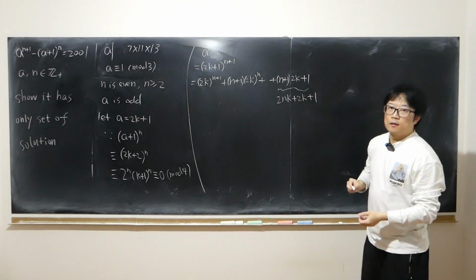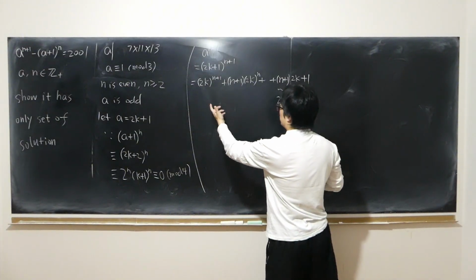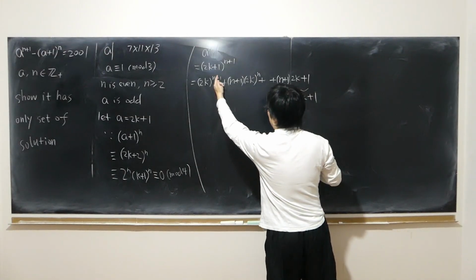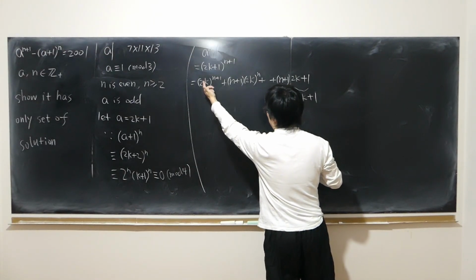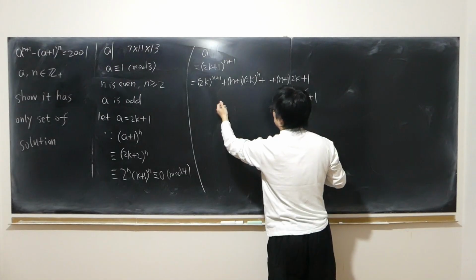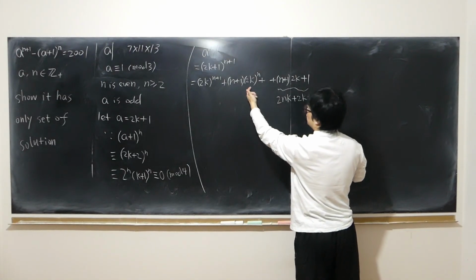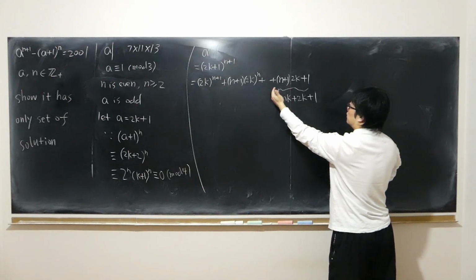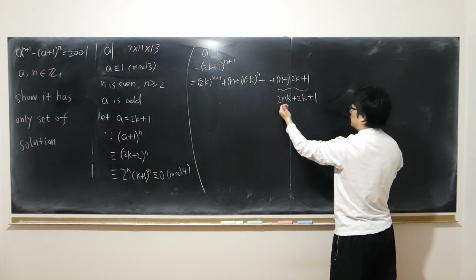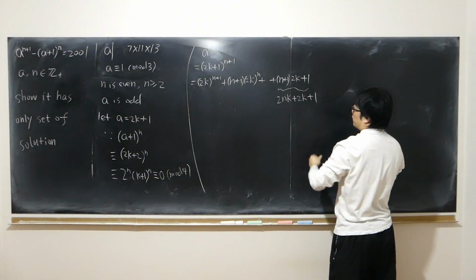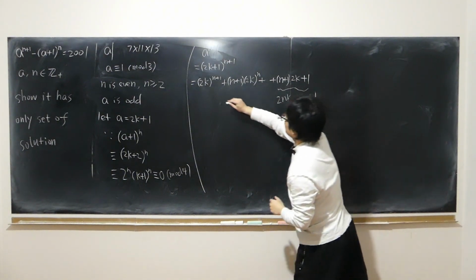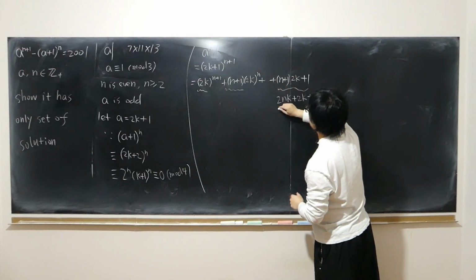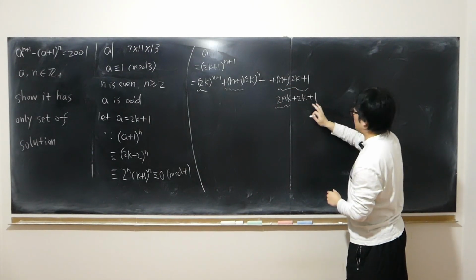So obviously here, if we divide every term by 4, you see n is greater than or equal to 2, so here we have 2 to the power of some positive integer. Same case. Up to here, 2n is okay, divisible by 4. So every term is divisible by 4, except this one.